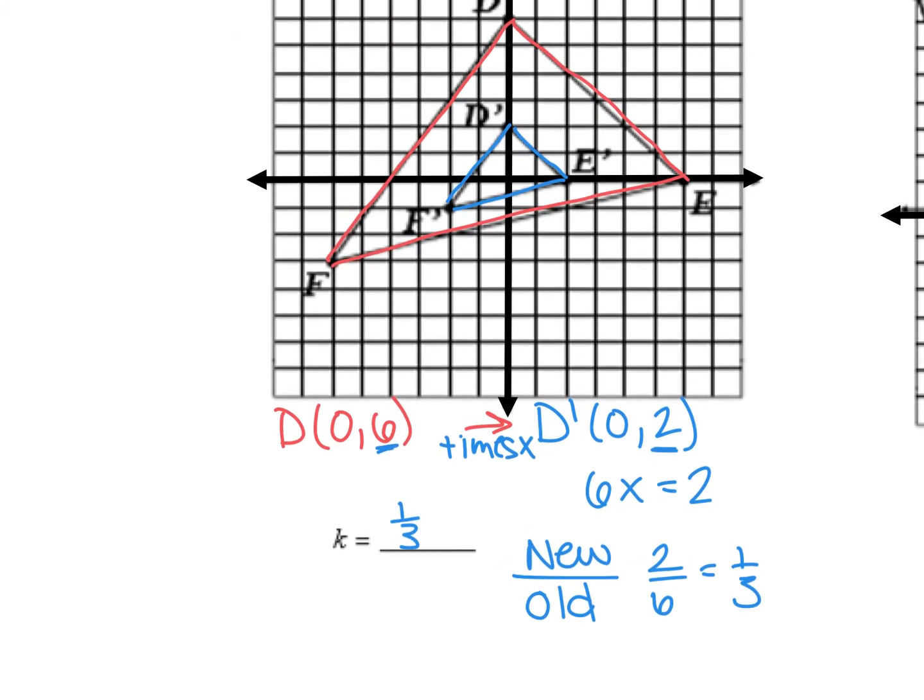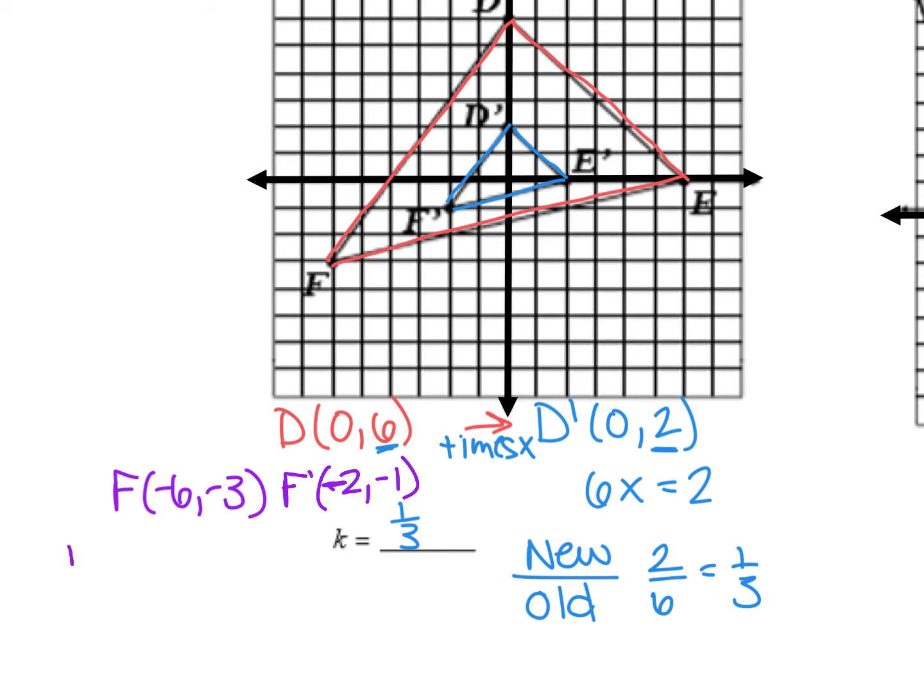So I will look at point F. Point F is -1, 2, 3, 4, 5, 6, -6, -3. And then F prime was -2, -1.